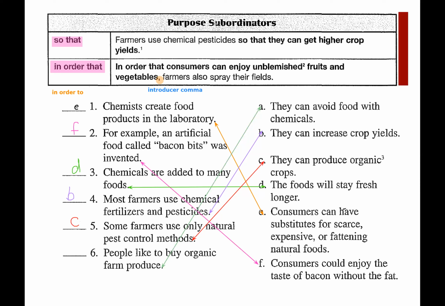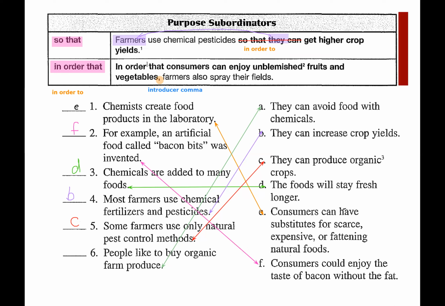At the top, farmers use chemical pesticides so that they can get higher crop yields. We can see in the two clauses, they have the same subject. The "they" equals farmers. This is why I can change it to: farmers use chemical pesticides in order to get higher crop yields.